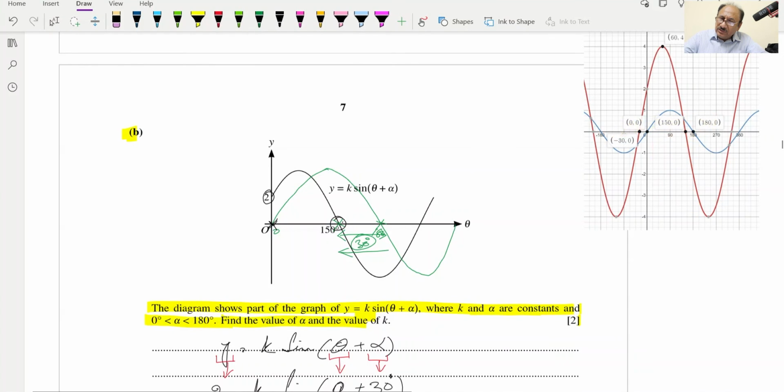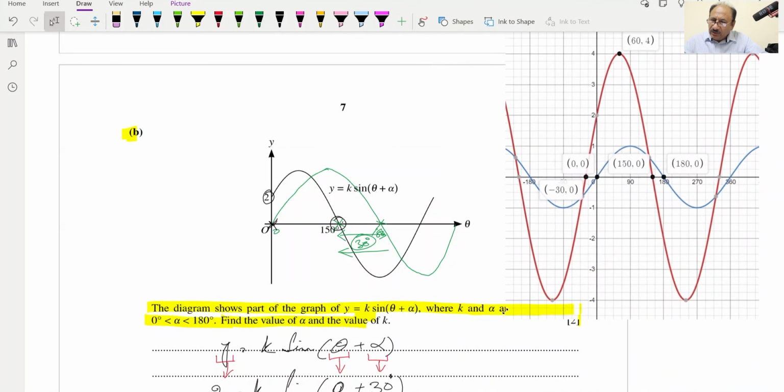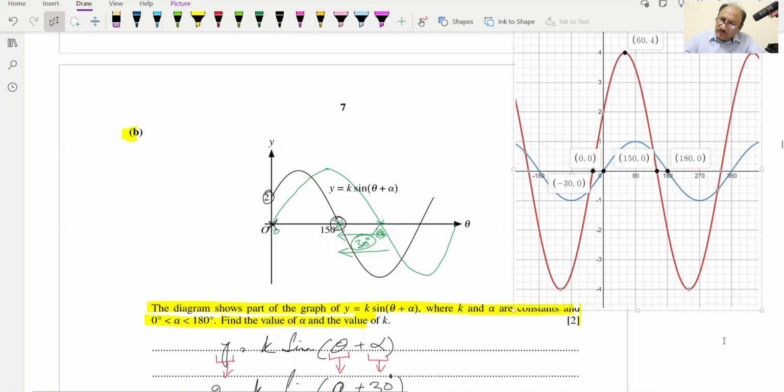Okay, so this is basically the image which I have taken from the same software, and we can understand from here. You can see this is the original graph, the blue color graph. It is passing through 180 and 0, whereas its highest point is at 1. The y value will be 1, and in this case, it is switching to 4. The highest value is switching from 1 to 4.